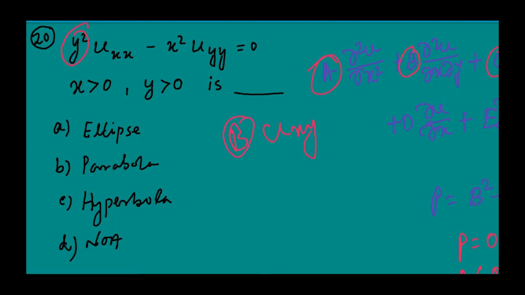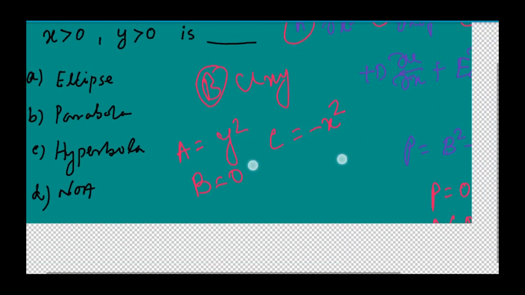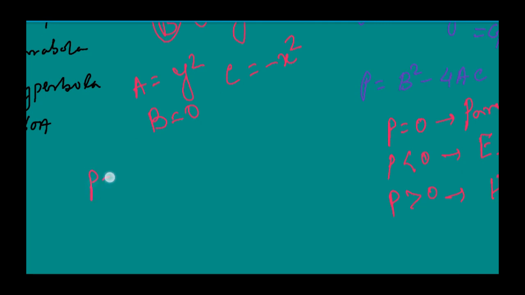So a is y square, b is 0, c is minus x square, and P is equal to b square minus 4ac, which is equal to 0 minus 4 into y square into minus x square, which is equal to 4x square y square, and this is greater than 0 because square terms are greater than 0.